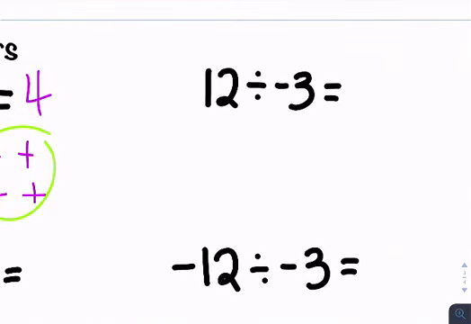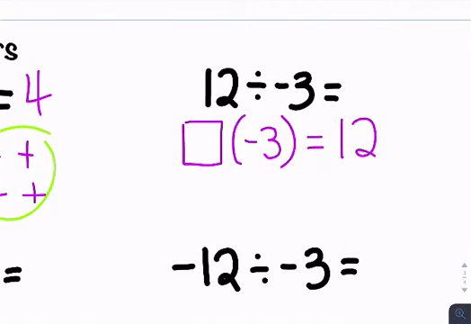But now, let's say, well, we can think about this in a lot of ways. But I guess the easiest way would be to think about it as this. What can I multiply by negative 3 to get positive 12?